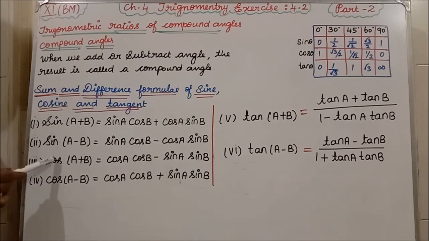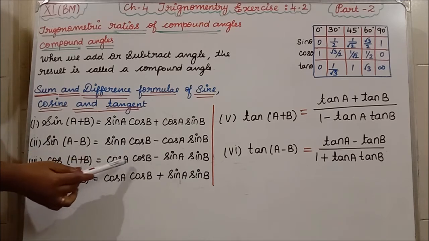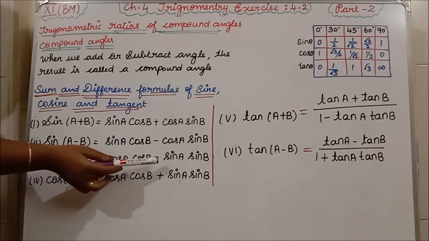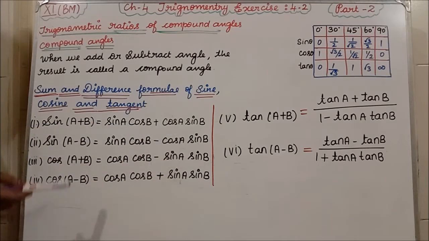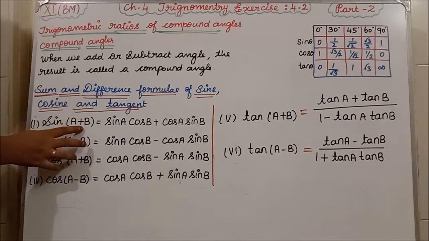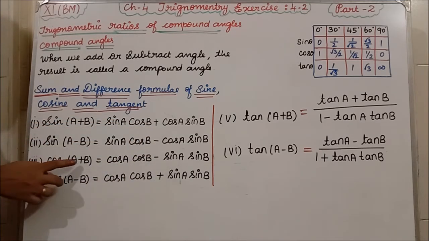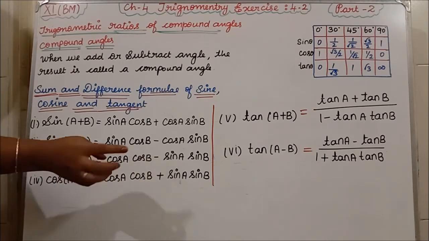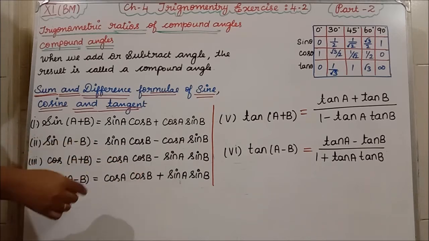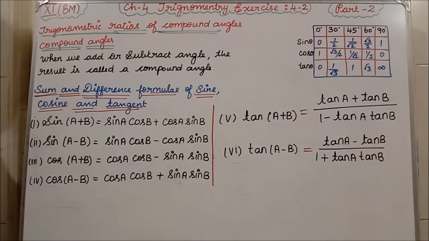Next for cos, cos A plus B means cos A cos B minus sin A sin B. For sin, plus in the brackets means plus in the middle also. For cos, plus in the brackets means minus in the middle. Similarly, cos A minus B means cos A cos B plus sin A sin B.